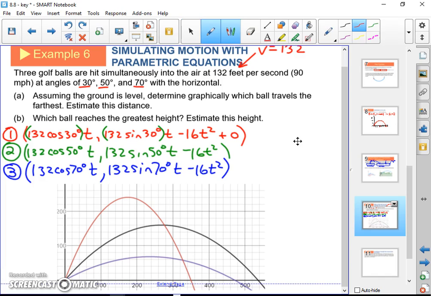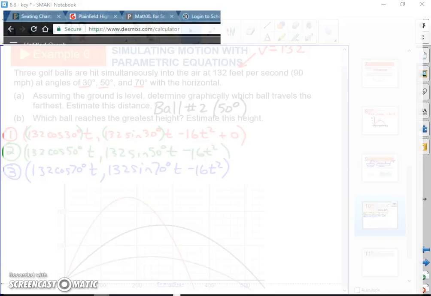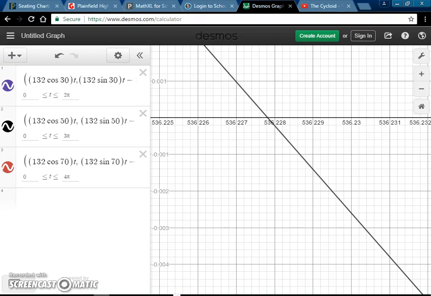Assuming the ground is level, determine graphically which ball travels the farthest. That was ball 2, right? Ball number 2 that was hit with a 50-degree angle. And that traveled, what did we say? About 536.2.